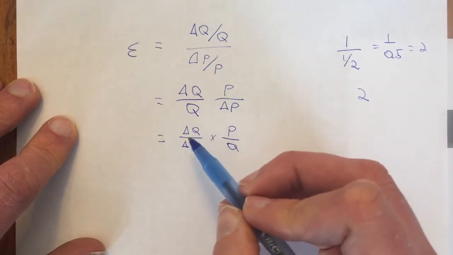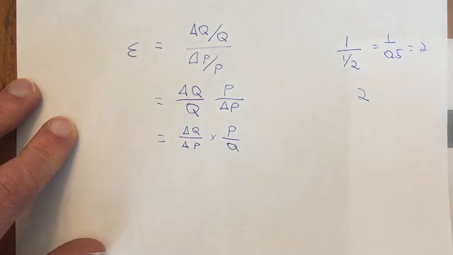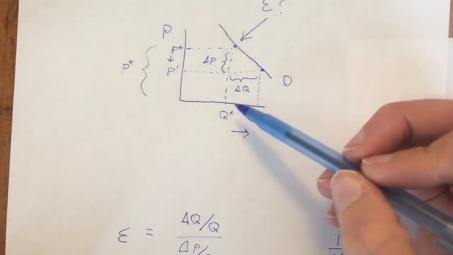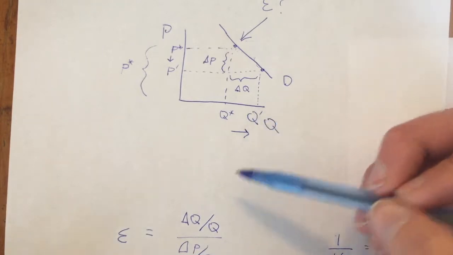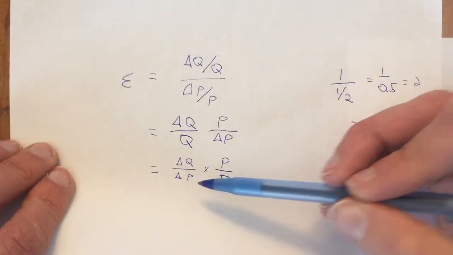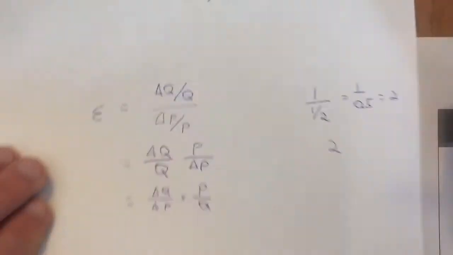Now, what we have here is the change in quantity. So remember, the change in quantity is the change in the movement on the horizontal axis, and the change in price is going to be the change in the vertical axis.